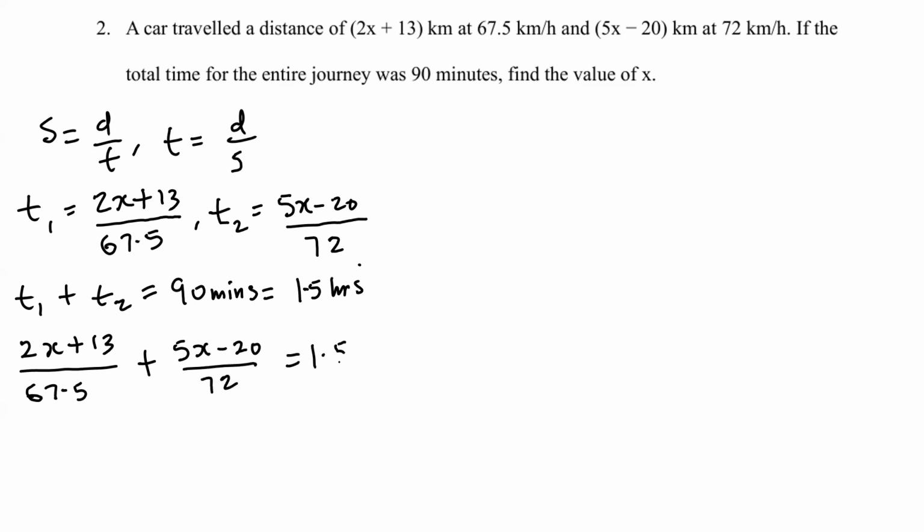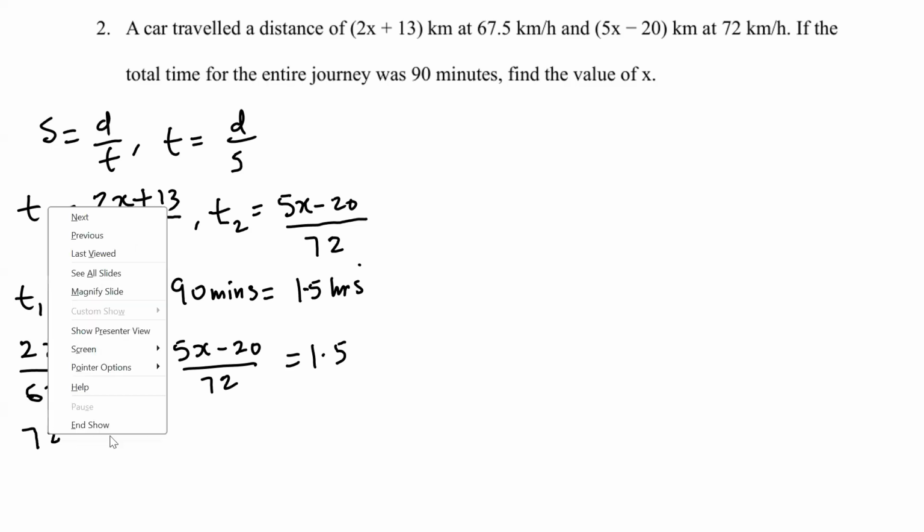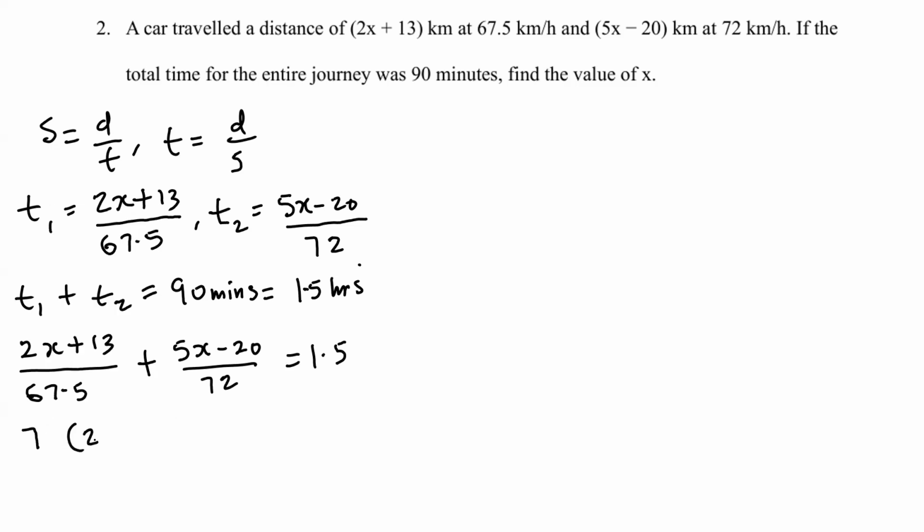equals to 1.5. So we clear the fraction by multiplying through by the LCM of 67.5 and 72. So the first part will become 72 times 2x plus 13 plus 67.5 times 5x minus 20, then equals to 67.5 times 72 times 1.5.